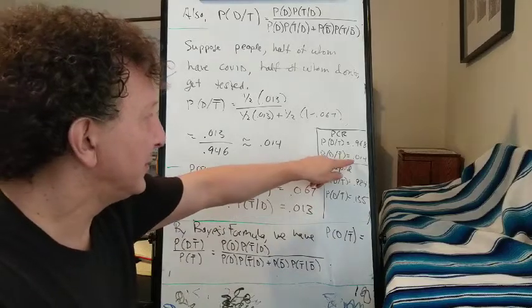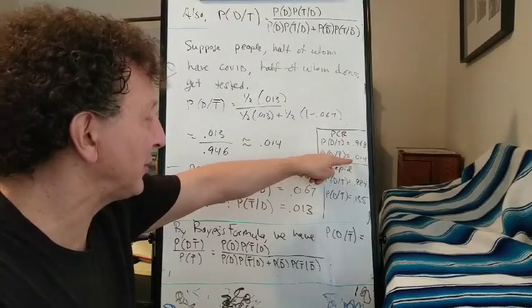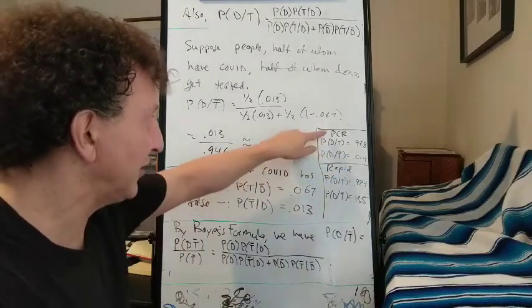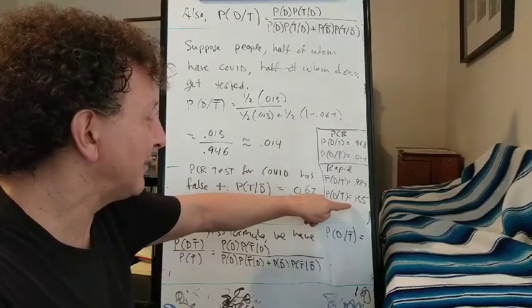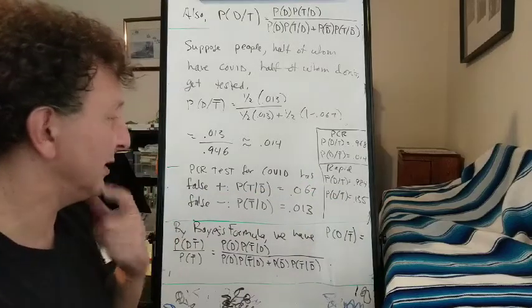Because the probability is about 99% that you're healthy if the test says you're healthy for a PCR, and there's only about an 87% probability that you're healthy if the rapid test said that you're healthy.